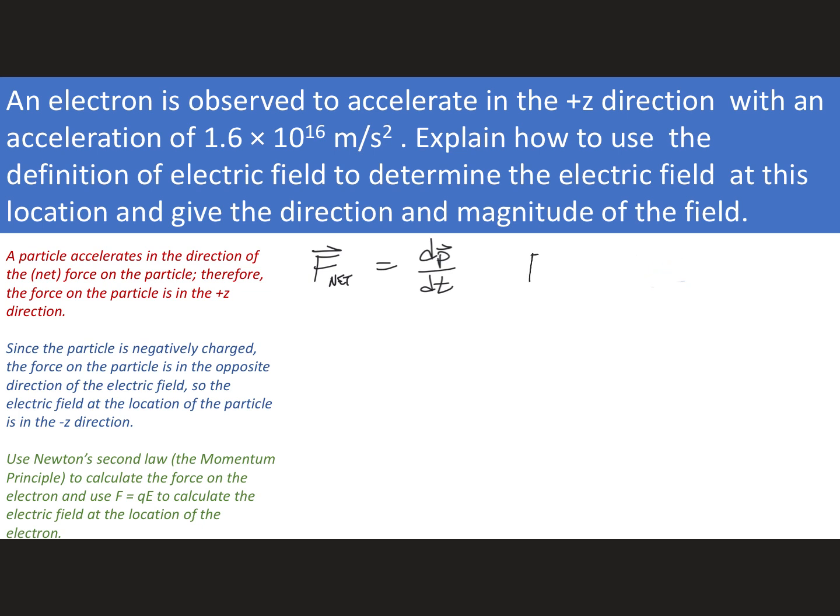And to be clear, the force that's exerted by the electric field is going to be equal to MA, because there's nothing else. It's a universe with just this field.